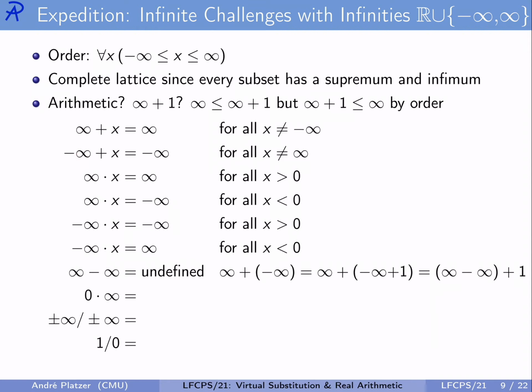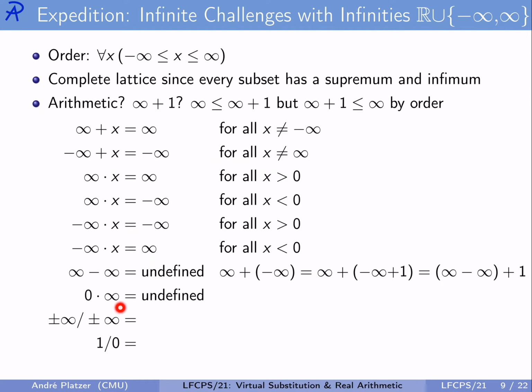By the rules up here, minus infinity is the same as minus infinity plus 1, right? So here now we can reassociate and have infinity minus infinity and the whole thing plus 1. So this number that we're starting out to define here is the same as its plus 1 successor, and that's going to begin to be very awkward if you're not careful.